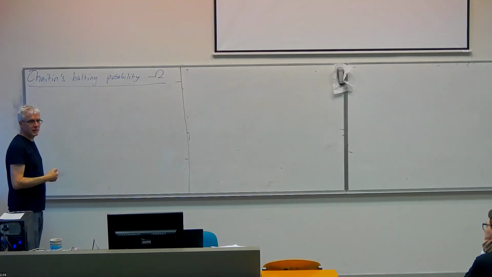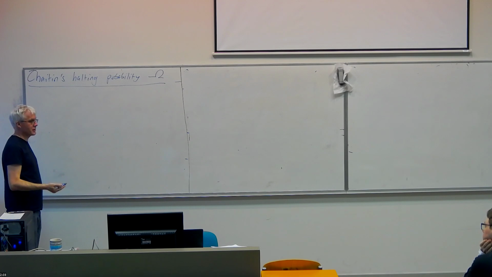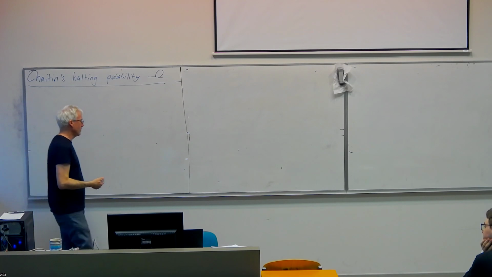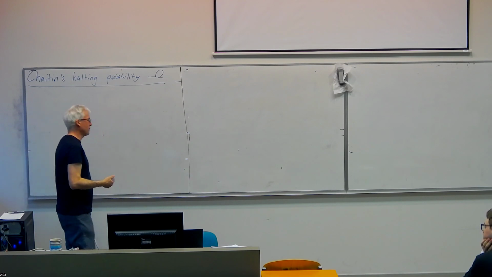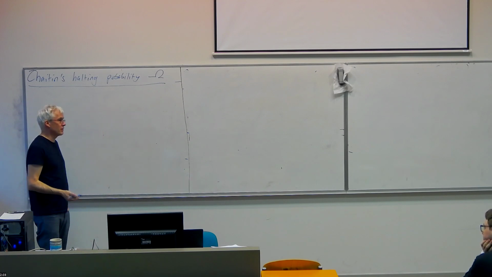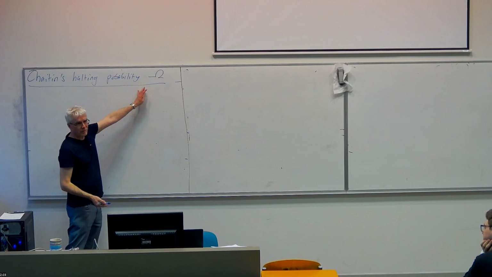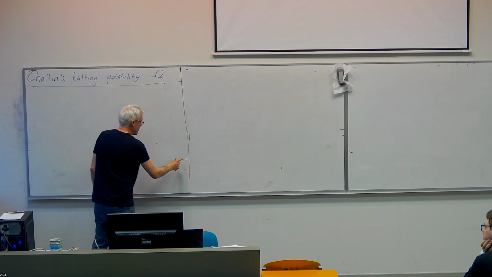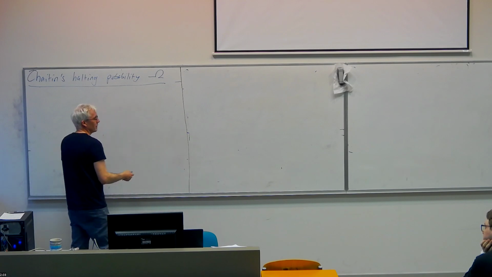And the idea is this: we've got our universal prefix-free function, so it's again going to be dependent on our choice of universal prefix-free function, but whichever one you choose, the halting probability is going to have the same crucial properties, for example, being incompressible.